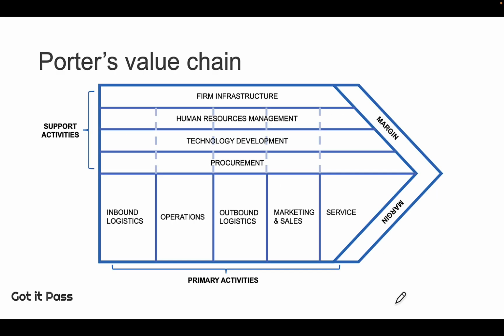So let's have an overall picture or concept of what Porter's value chain is. As mentioned, there are 5 primary activities, which are inbound logistics, operations, outbound logistics, marketing and sales, and service. These 5 primary activities are the core of a company or a firm.